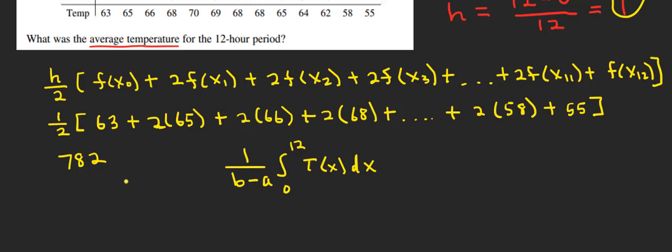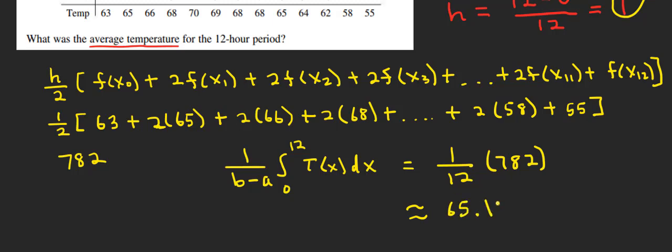To find the average temperature, we need to do 1 over 12 minus 0, which is 12, times 782. That's approximately 65.17. So the average temperature for the 12-hour period was 65.17 degrees. If you round it, that's about 65 degrees.